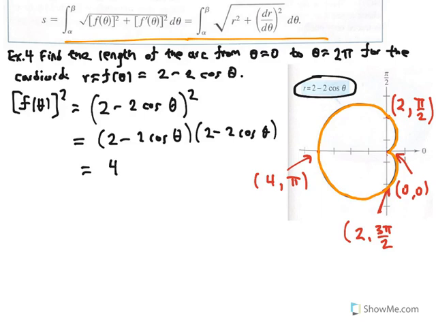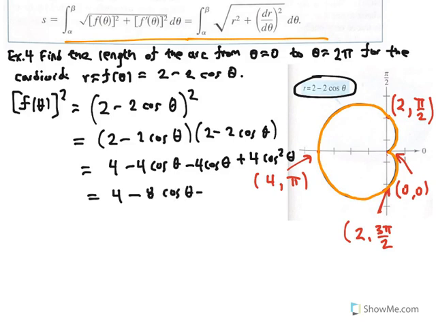When you multiply the outer terms, you get negative 4 cosine theta. When you multiply the inner terms, you get negative 4 cosine theta. And when you multiply the last terms, you get 4 cosine squared theta. And of course, you can combine the like terms and have 4 minus 8 times cosine theta plus 4 cosine squared theta.